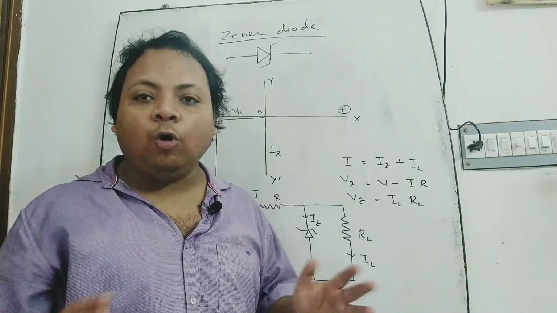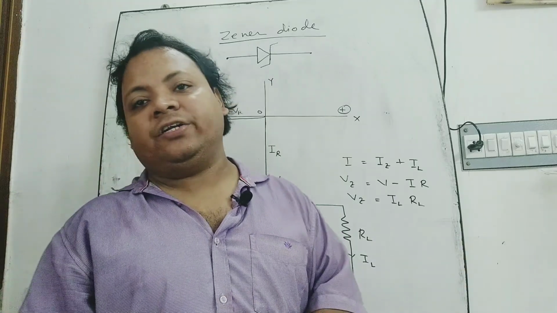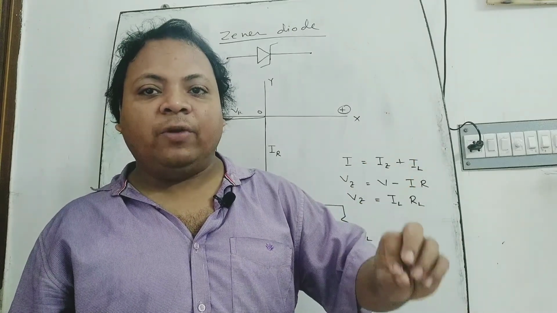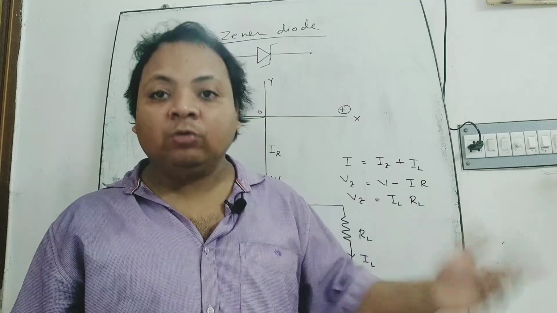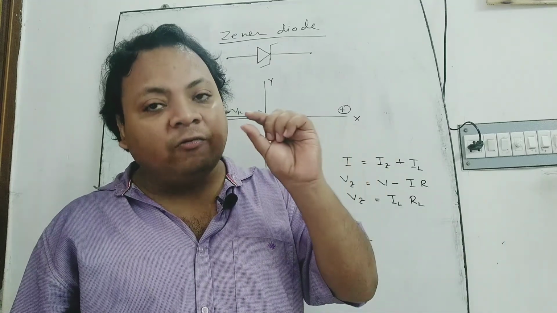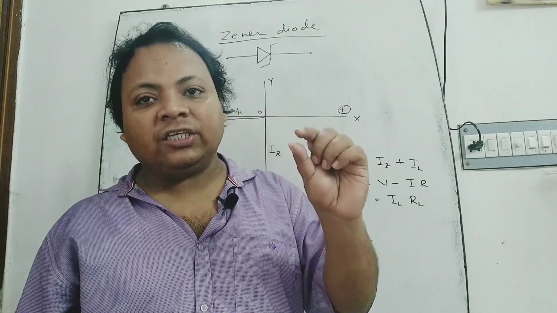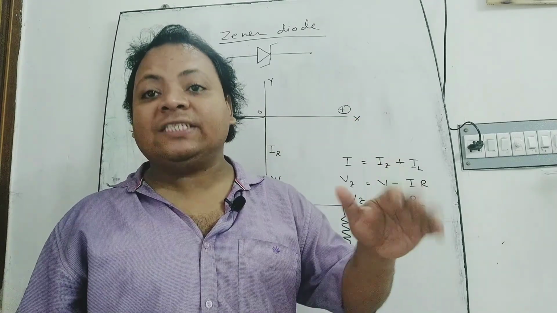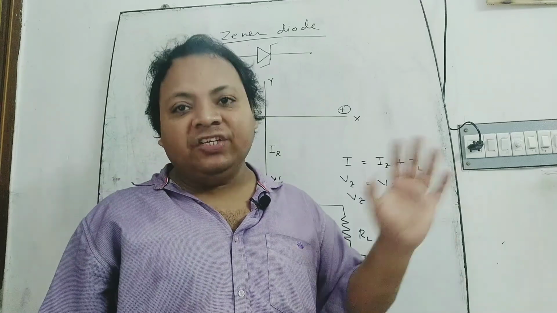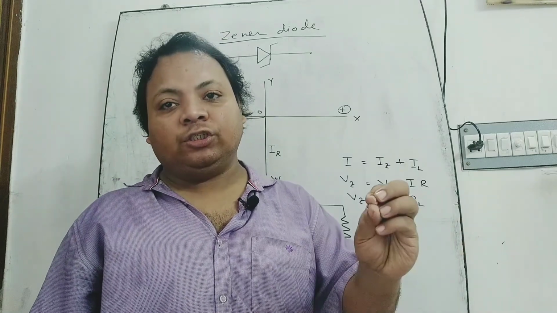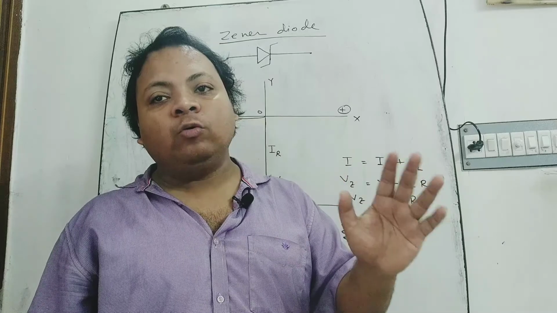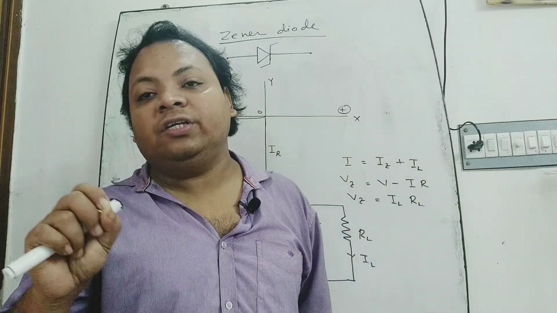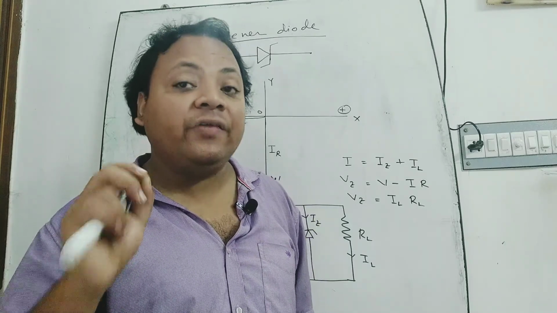That is, although the reverse current passing through the Zener diode at the Zener breakdown voltage is huge, the variation of potential difference across the Zener diode is very small. This property is used to regulate voltage. That is, the Zener diode is used as a voltage regulator.